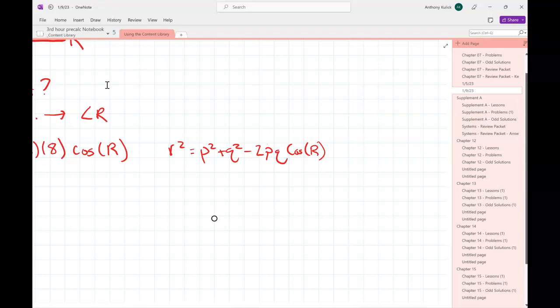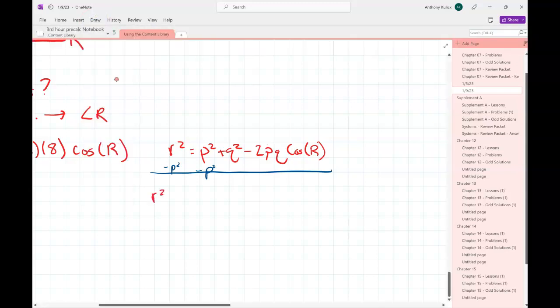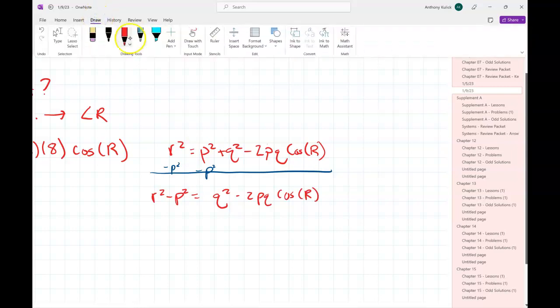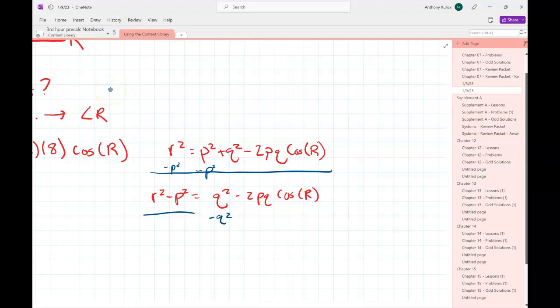No. I'm just going to subtract P squared from both sides. And yep, right on. So the next thing we'll do is subtract the Q squared from both sides.